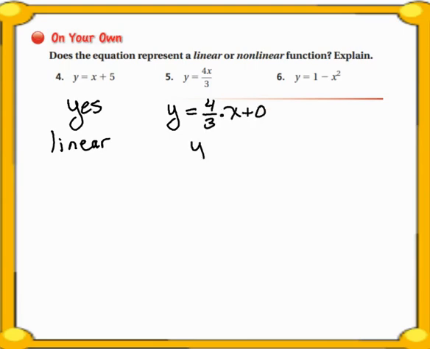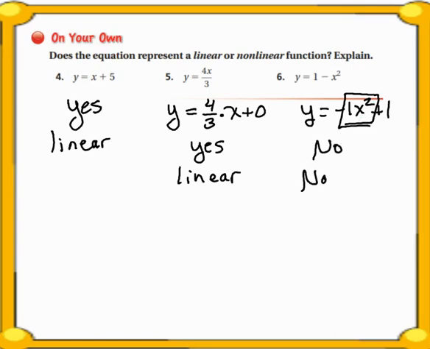So this one also is in the correct form, so it is linear. Number 6, though, says y equals negative 1x squared plus 1. This has a square in it. That is nonlinear because it has to be y equals mx plus b with no power. So this one is non-linear.